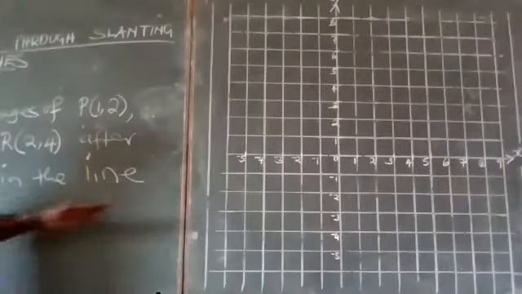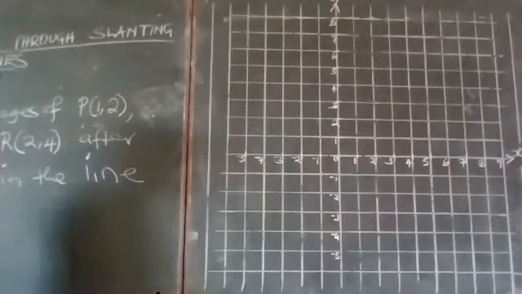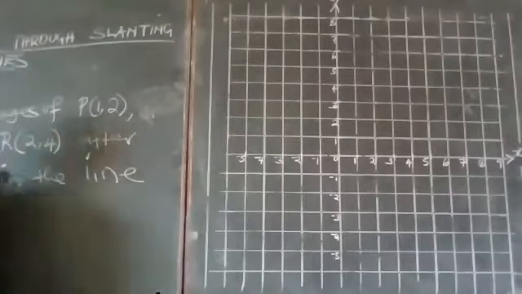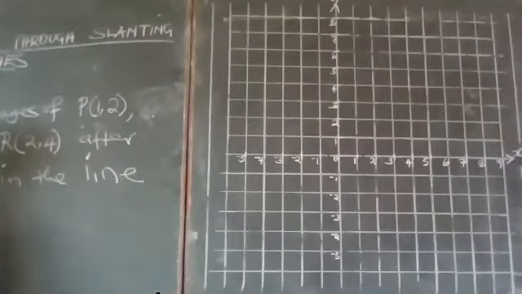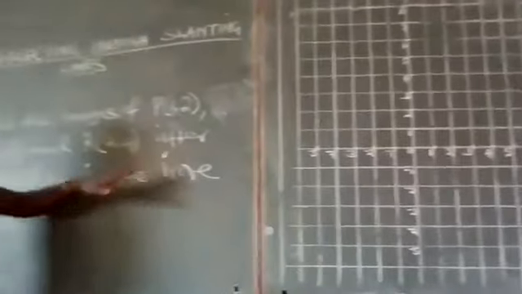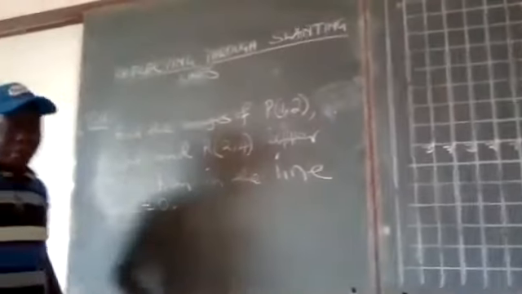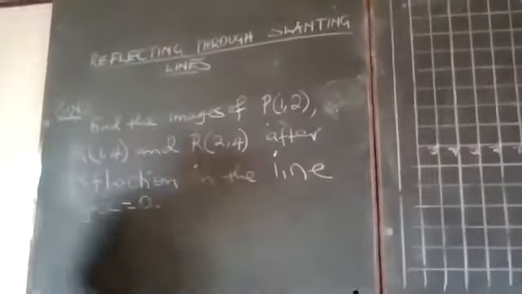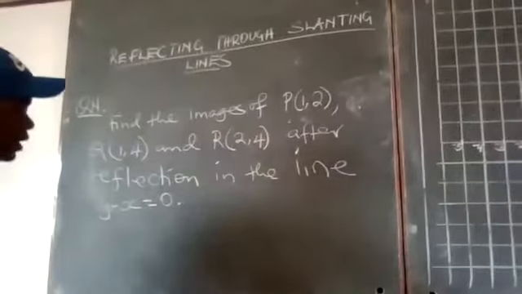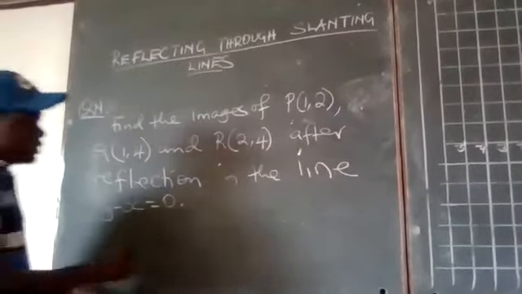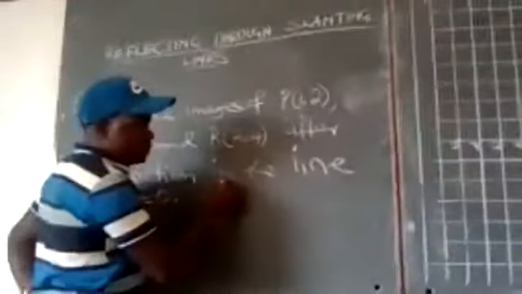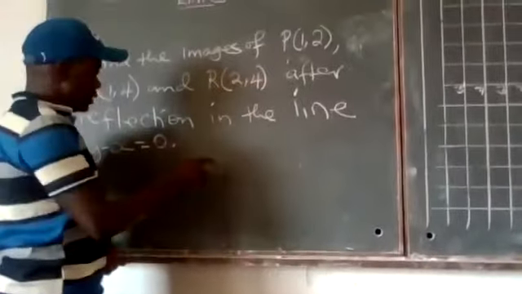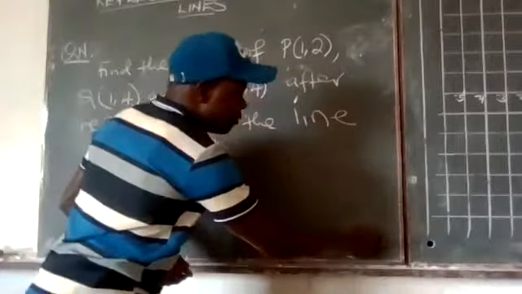The question, we can now go to our graph here. We are told to get the images of the 3 points after reflection in the line. The line is y minus x is equal to 0. I can use this part, or I can open and use here.